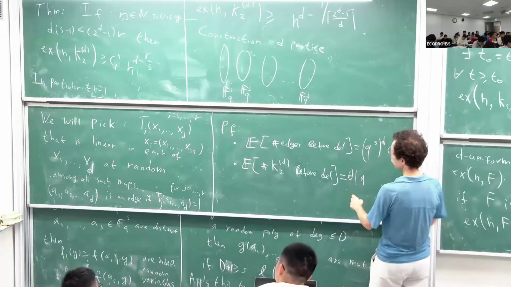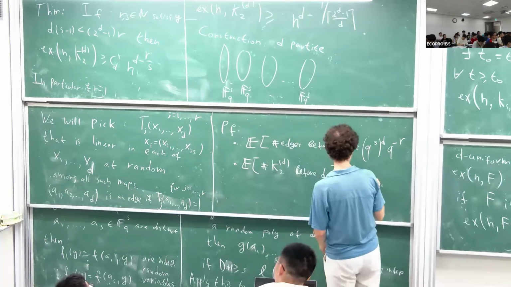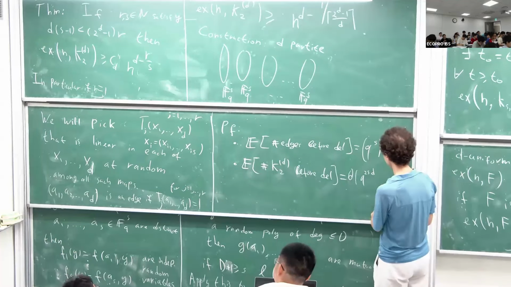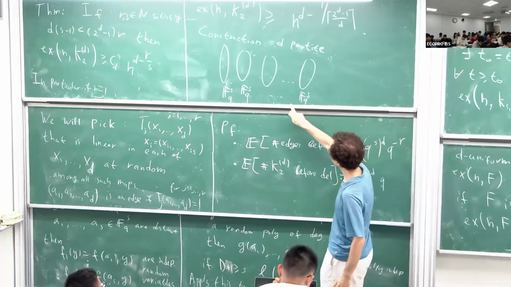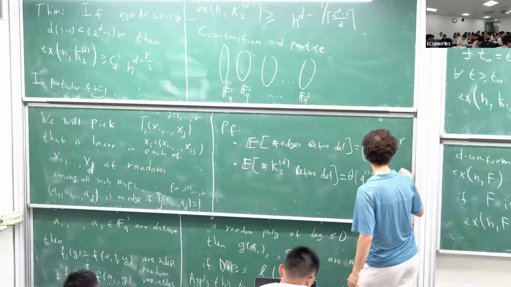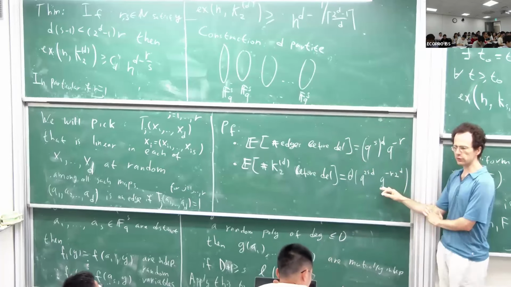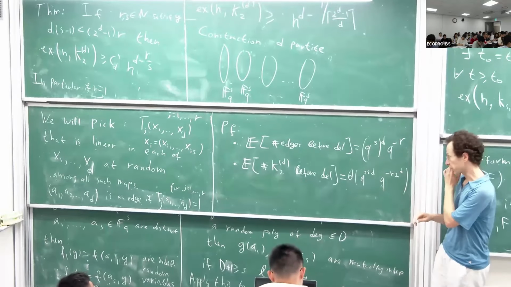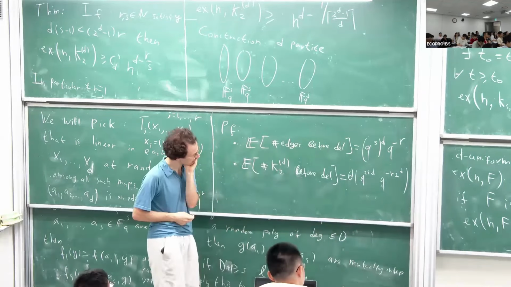Well, you're going to pick two vertices from each of these parts. And so it's q to the s times 2d, right? And how many edges are there? There are going to be 2 to the d edges. So this is not surprising. You're getting exactly as many as you expect.